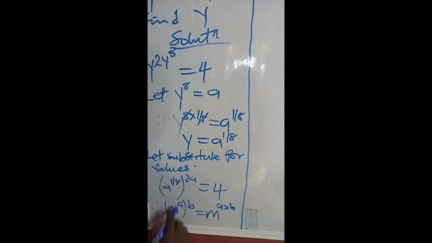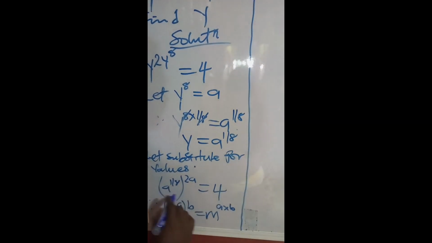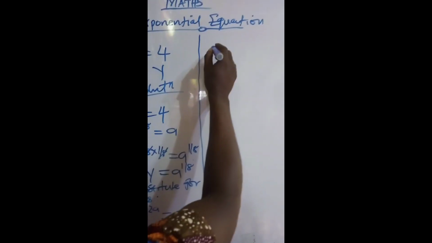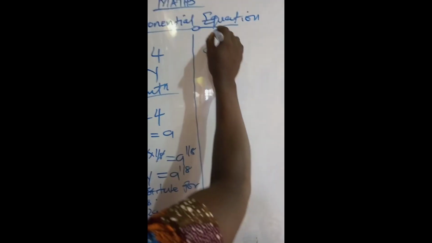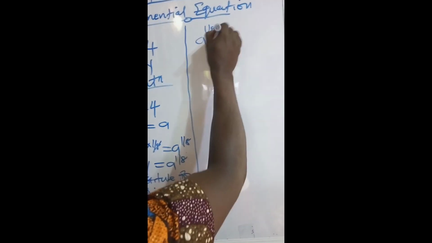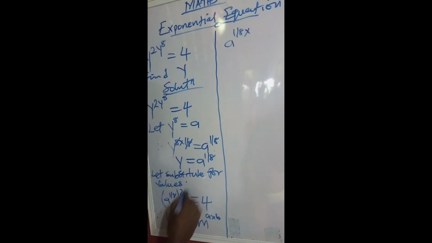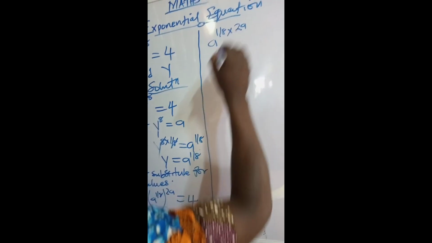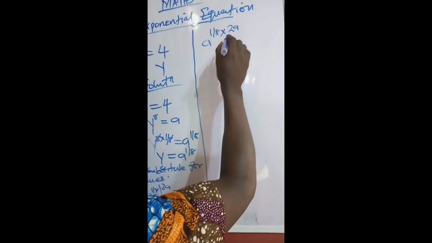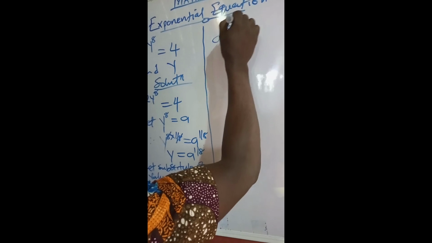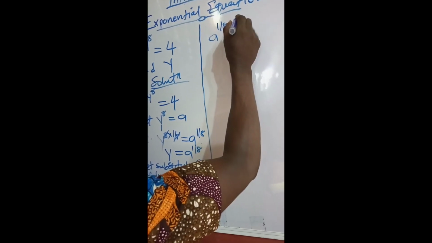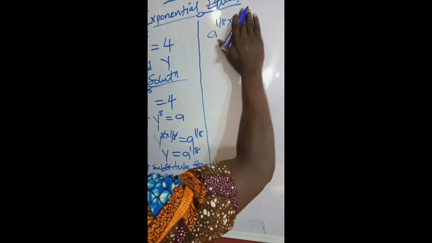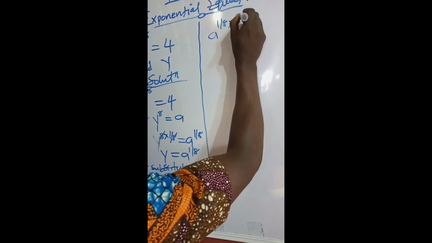The same thing will be applicable here. In that regard, we are going to have A raised to power 1 over 8 times 2A. When we multiply, we are going to have 2A.